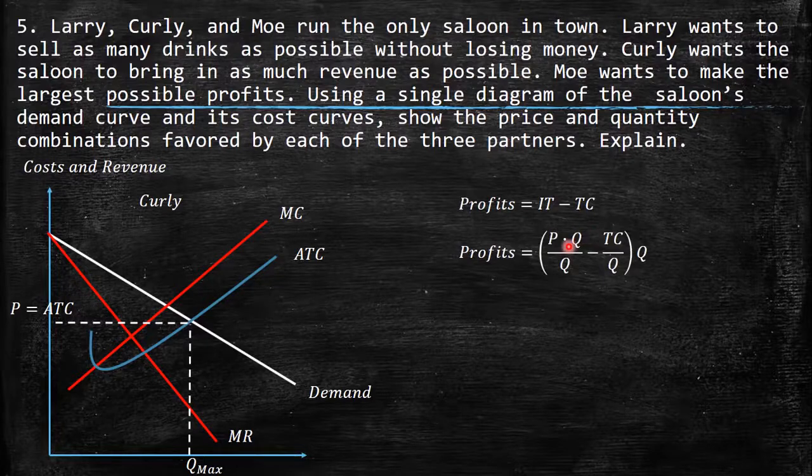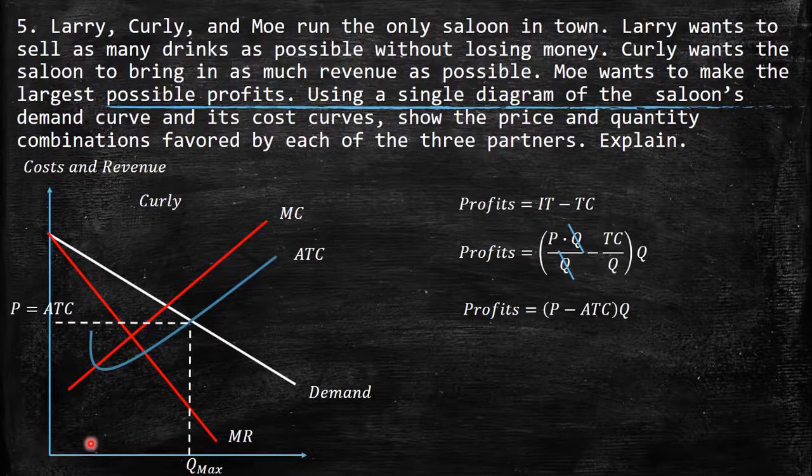Your total revenue is represented by P times Q, and the total cost is total cost. Then you can do a trick: you can multiply by Q, but at the same time divide these two terms by Q, so it's exactly the same. You can cancel out Q here, and here you have total cost over Q, which you can represent as the average total cost. So when the price is equal to the average total cost, your profits are going to be 0.